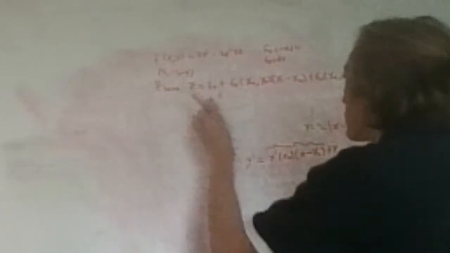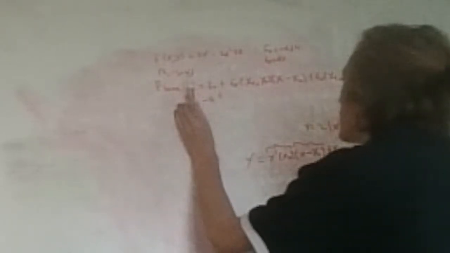Right. So f sub x of 2, -1 is going to be -7.